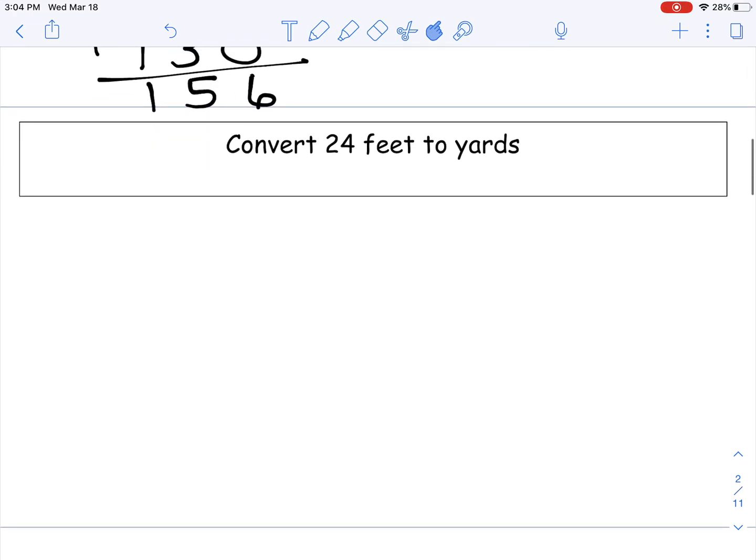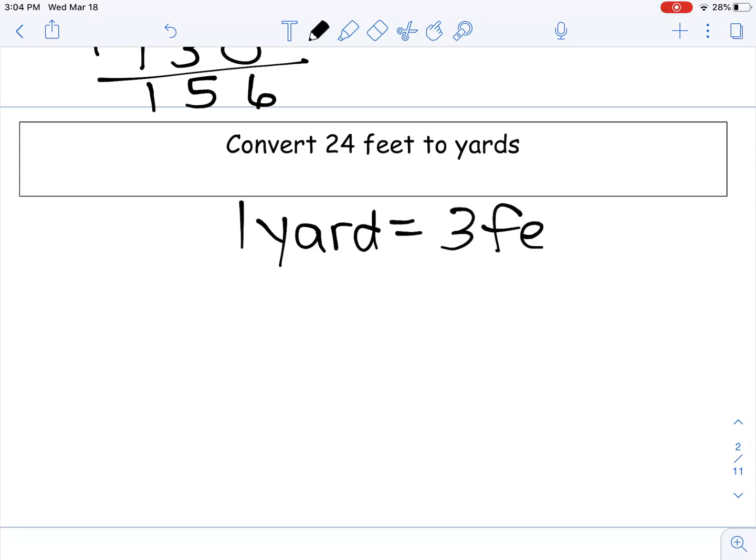Warm-up problem number 2. We're going to convert 24 feet to yards. We're going to need that conversion for feet to yards, and we know that 1 yard is equal to 3 feet. Feet are smaller than yards, so small to big means we're going to be using that division sign. So 24 divided by 3.